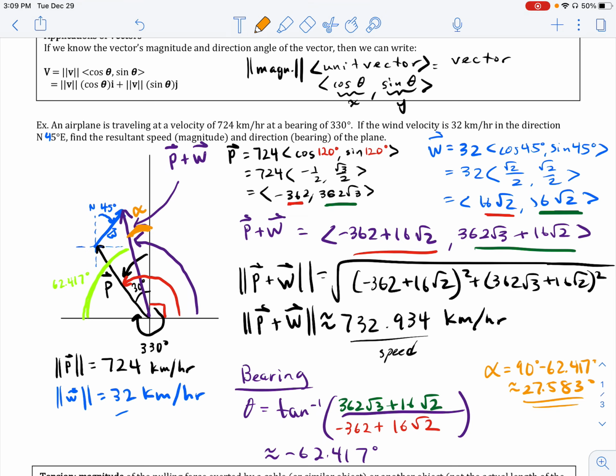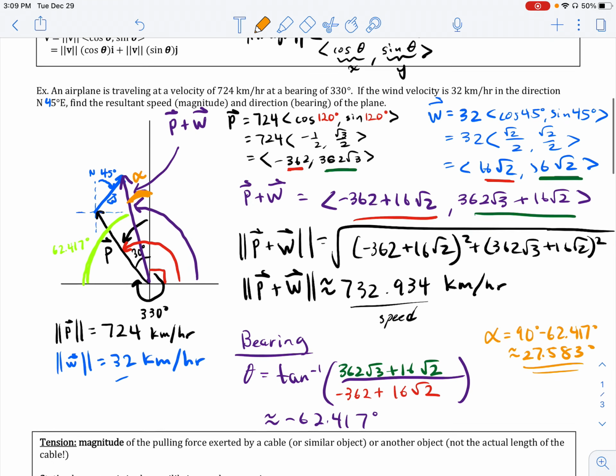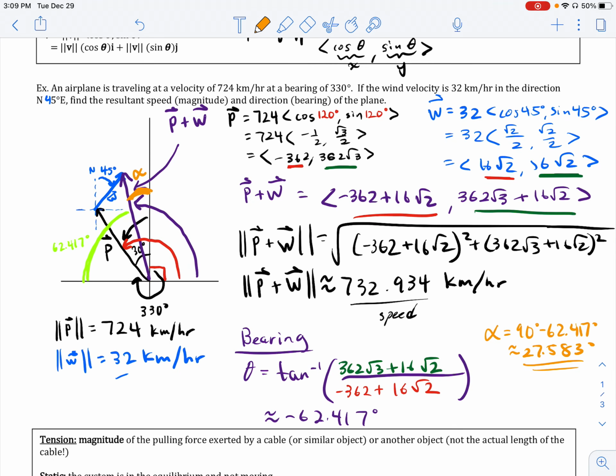So how do we use that to find its bearing? Well, I know this diagram is getting a little unwieldy at this point, but since this is an airplane bearing, the bearing is going to be this entire angle from the vertical line going all the way around until we hit this bearing. So in other words, it's simply 360 degrees minus this angle alpha.